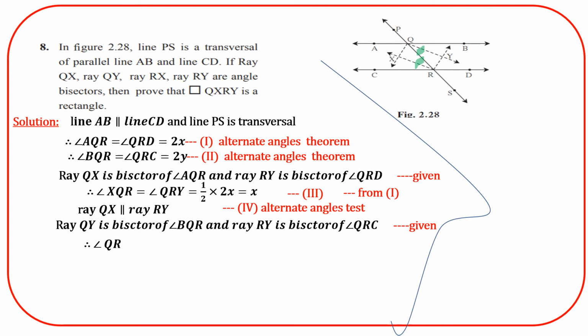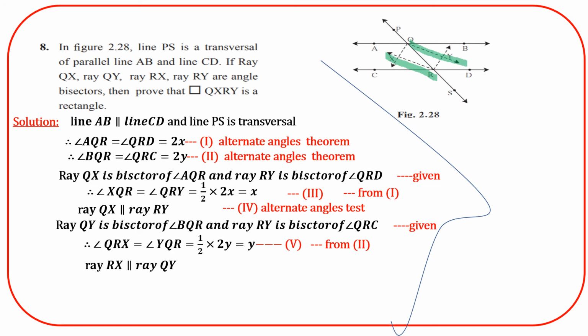Therefore, angle QRX is equal to angle YQR is equal to half into 2y, that is y degree. This is statement number 5. Write down the reason from 2. Therefore, ray RX is parallel to ray QY.